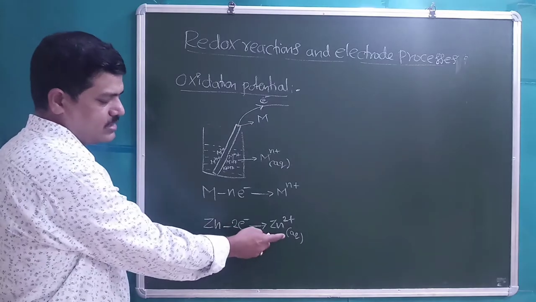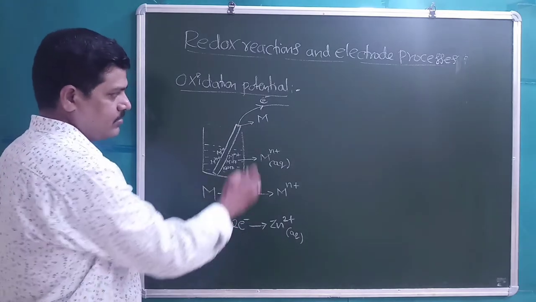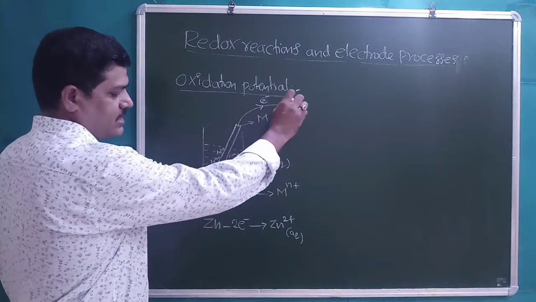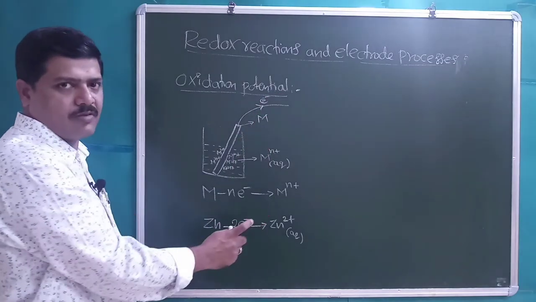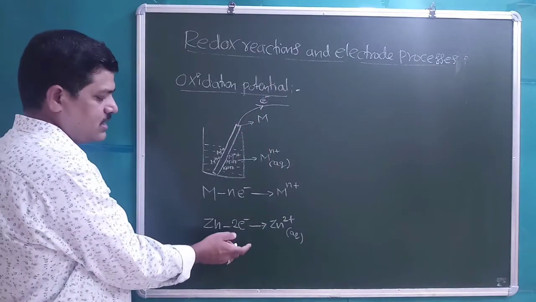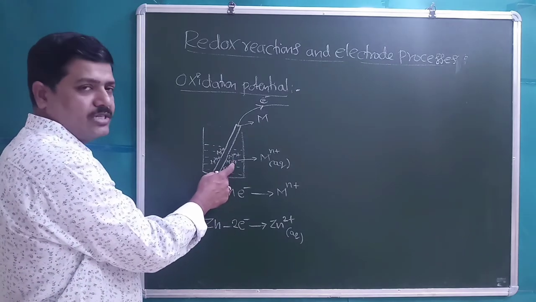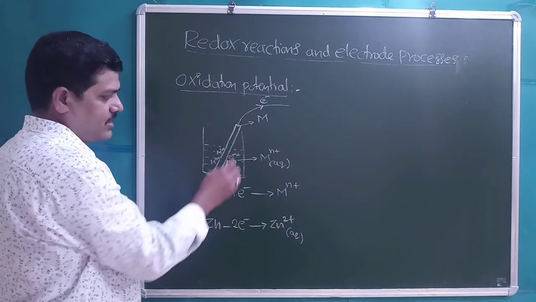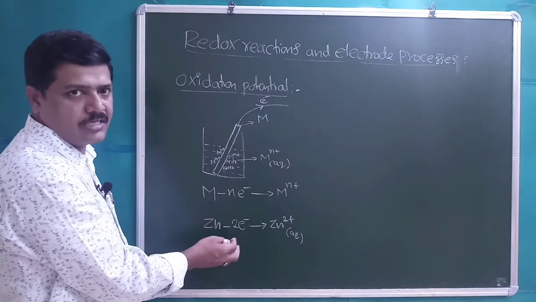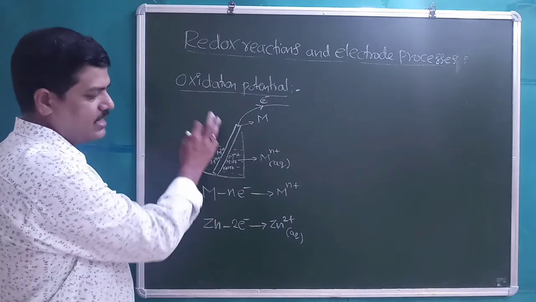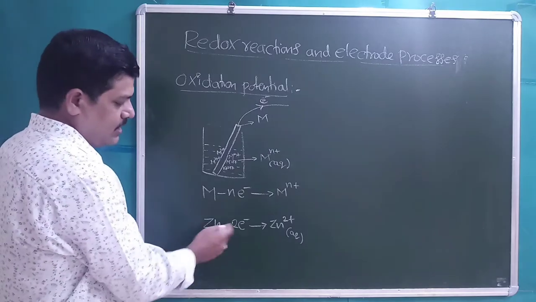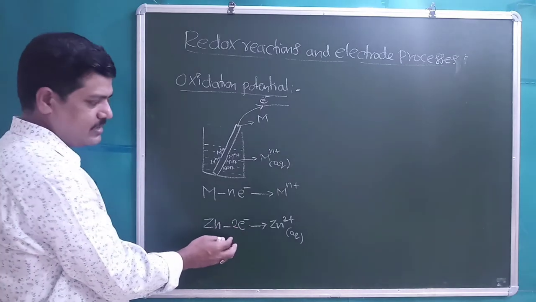This occurs only to a negligible extent, but when we remove the electrons continuously, it moves in the forward direction. The potential difference generated between the electrolytic solution and the metal surface which leads to the oxidation process is called the oxidation potential, right? Loss of electrons is called oxidation.